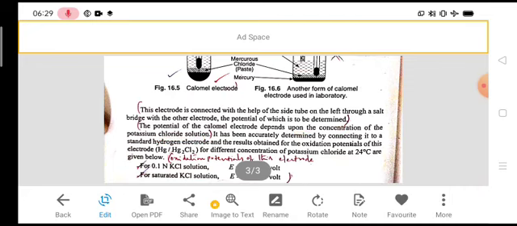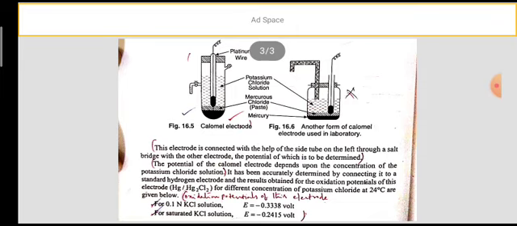So at 25 degrees centigrade, for different concentrations of potassium chloride, the oxidation potentials of this calomel electrode are given here.